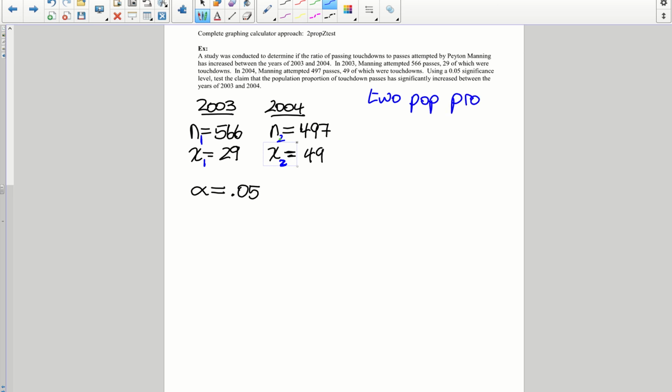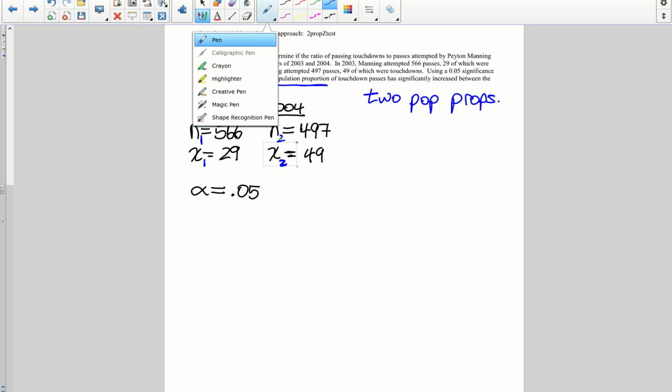Two population proportions. All right, because it's saying population proportion between the years of 03 and 04. Those are 2 years. All right, so that gives you a clue as to what test you're working with. So we know it's a 2-prop z-test. All right, z-test, t-test, it doesn't matter. 2-prop is the key. That's what we're looking for.